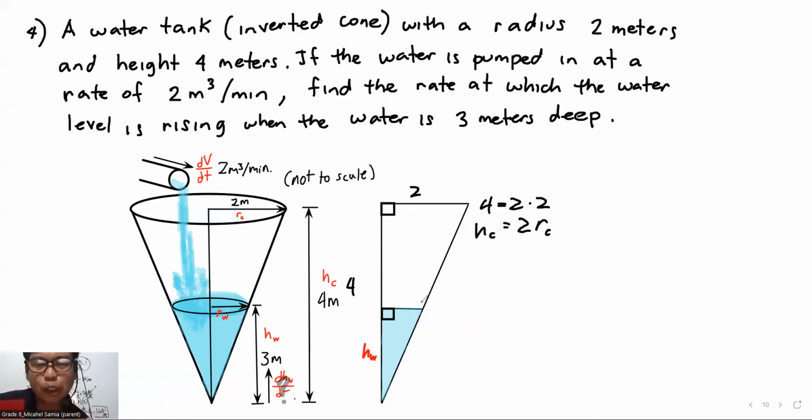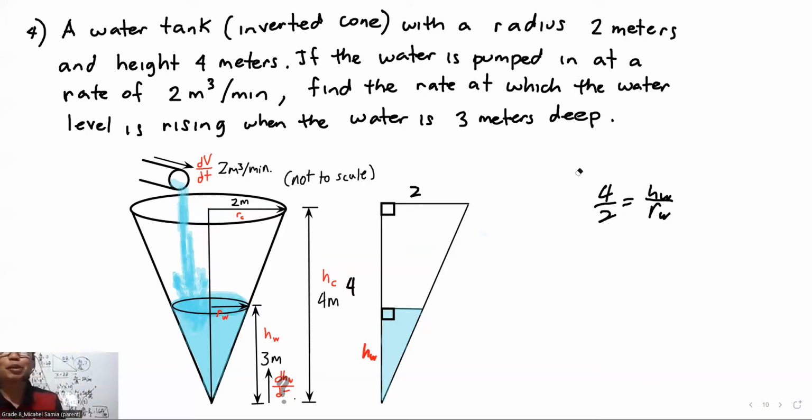So the relationship between the two triangles. So it's either 4/2 divided by h over r, or vice versa. Okay, so your height and then your r. Okay, height over r. So you're going to change r with h.